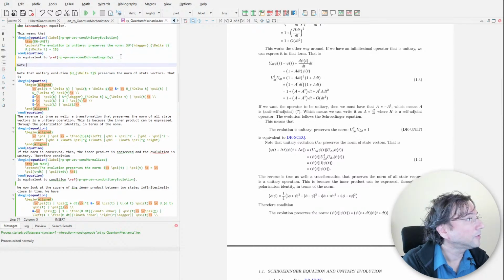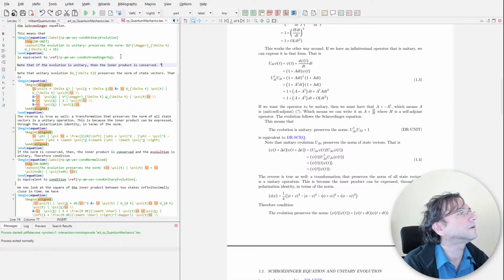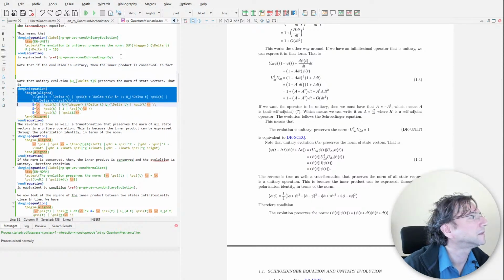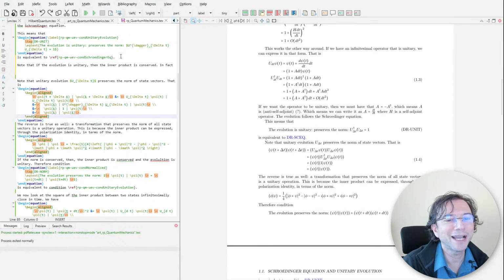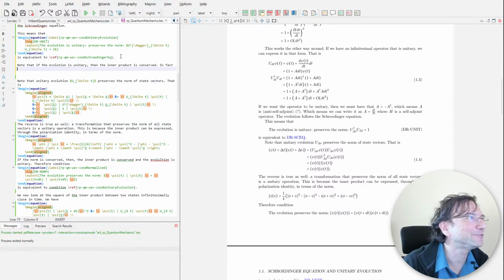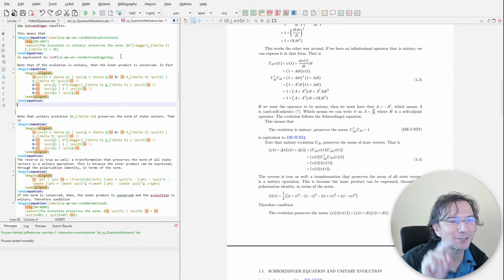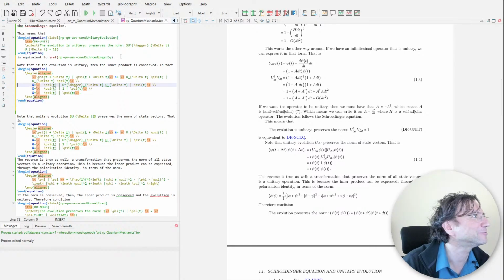Okay, so note that if the evolution is unitary, then the inner product is conserved. In fact, I like having all these different conditions spelled out in my head, that all these things are in principle different, but are all equivalent. I like these sort of things.